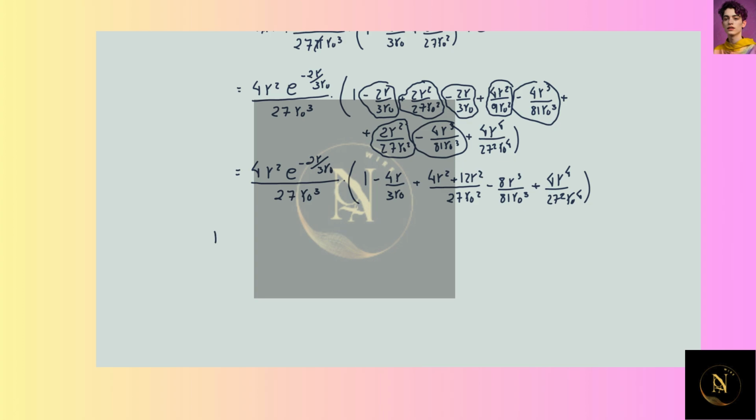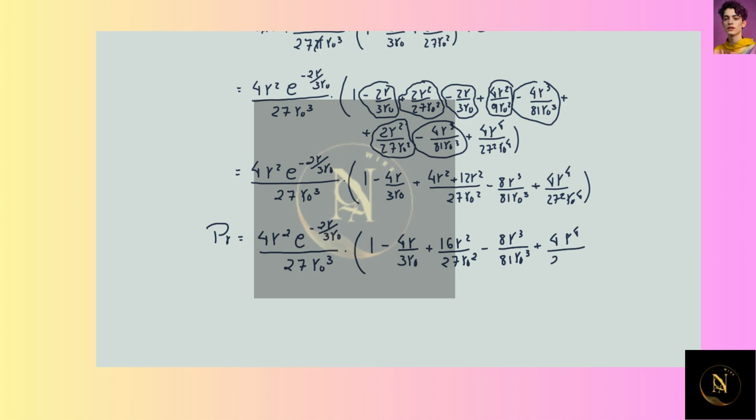And finally we get P(r) as being equal to 4 r squared e to the minus 2r divided by 3 r0 divided by 27 r0 to the third times 1 minus 4r divided by 3 r0 plus 16r squared divided by 27 r0 squared minus 8r to the third divided by 81 r0 to the third plus 4r to the fourth divided by 27 squared r0 to the fourth.